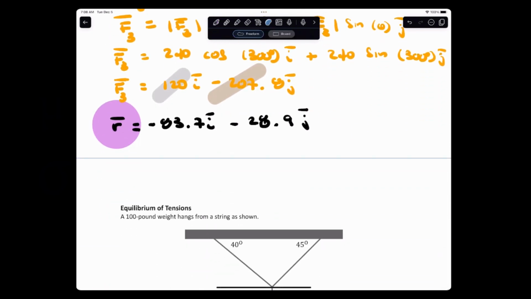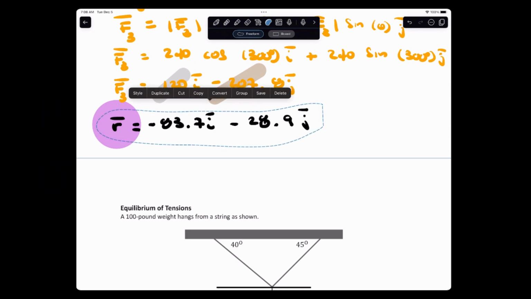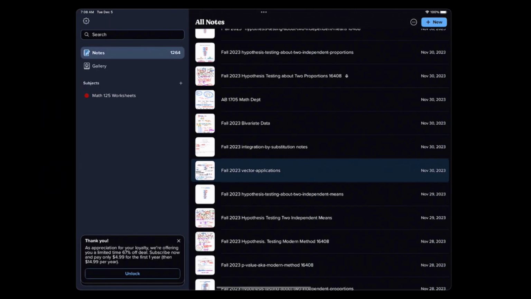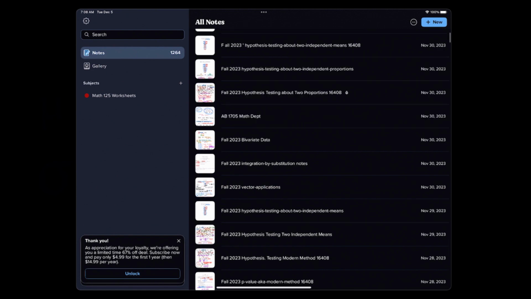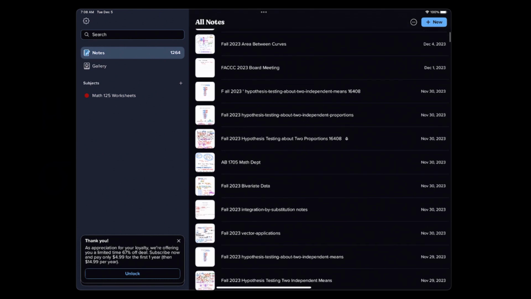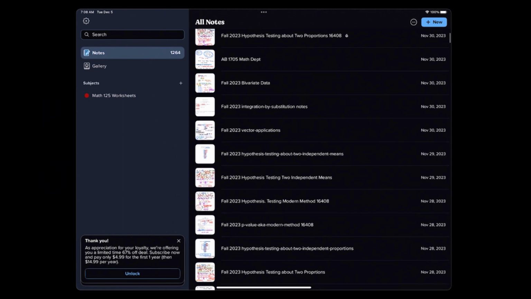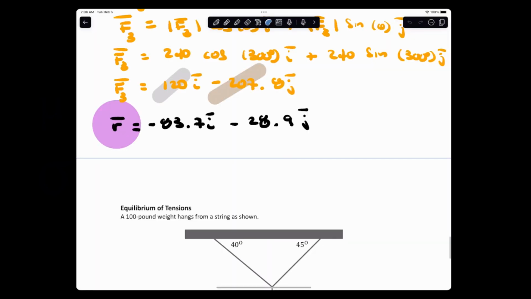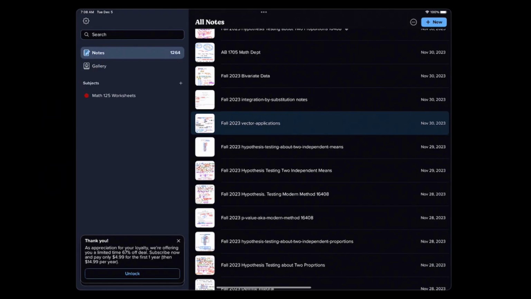Let's go out, ladies and gentlemen, to our scratch. Let's find the scratch.